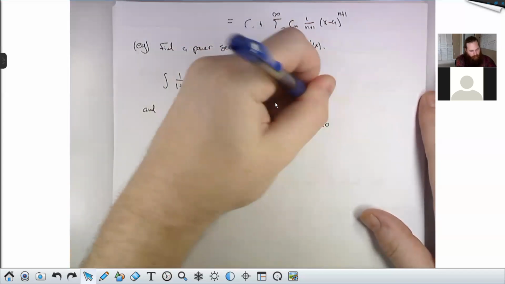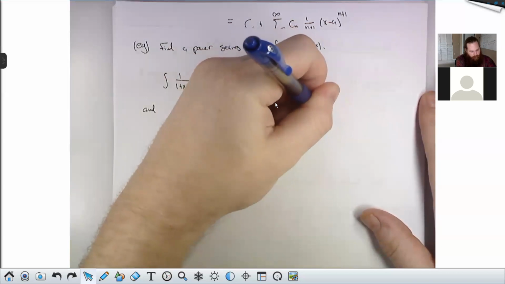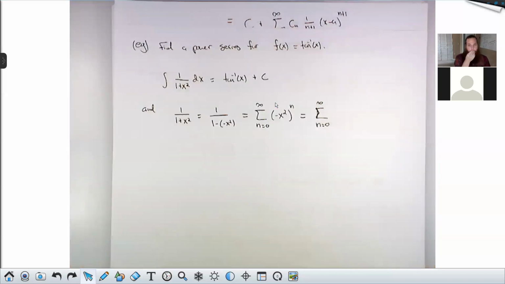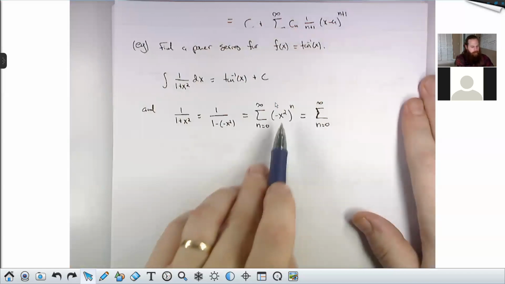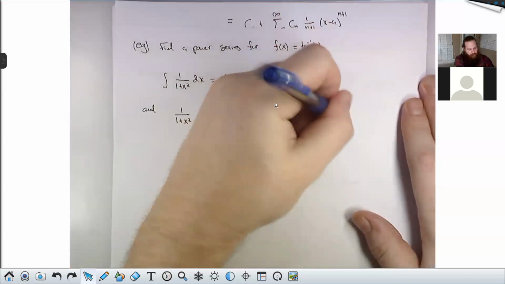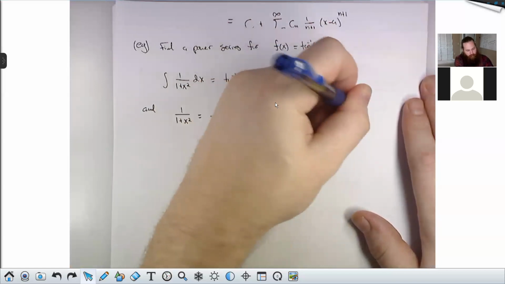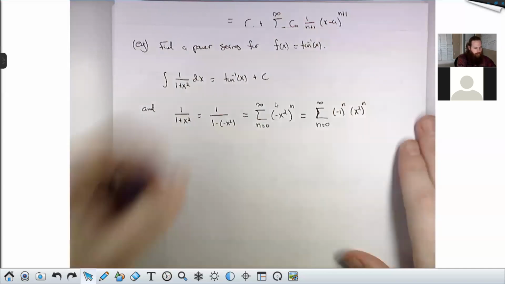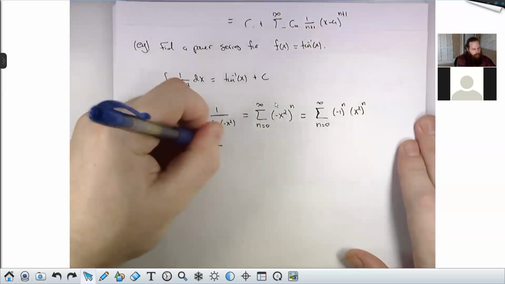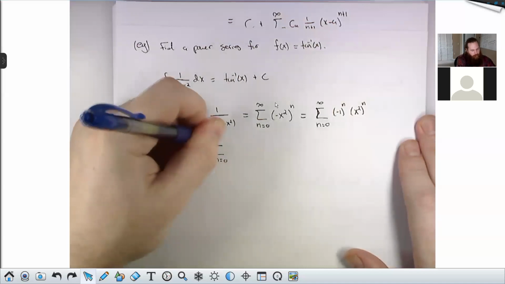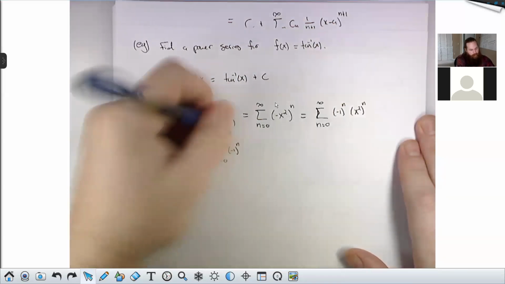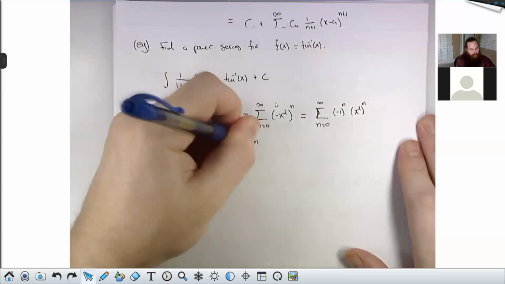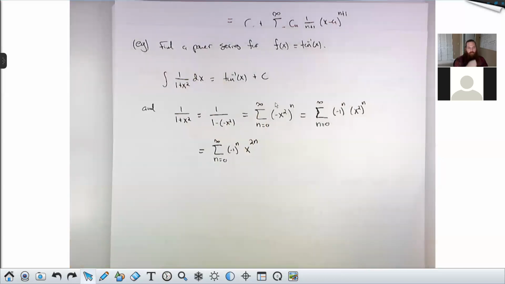I get the sum from n equals 0 to infinity of (negative x squared) to the n, which is negative 1 to the n times (x squared) to the n, which is the same as the sum from n equals 0 to infinity of negative 1 to the n times x to the 2n. Rules for exponents, right? Just simple algebra stuff here.